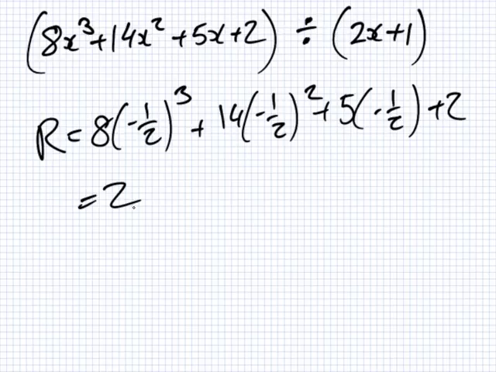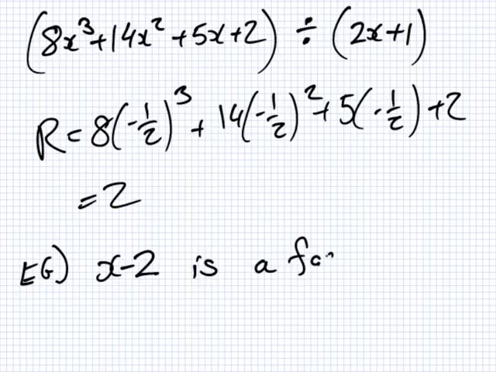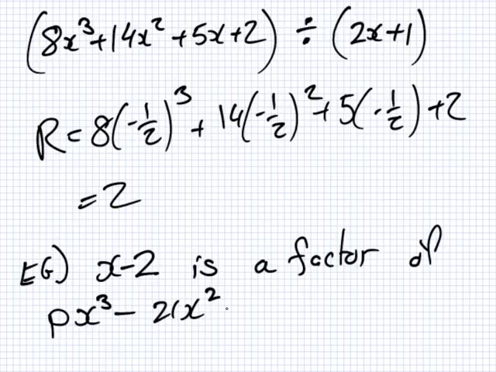Can I scroll down? Yep. Right, here's another example. X minus 2, so write this one down. X minus 2 is a factor of px cubed minus 21x squared plus 23x minus 18.